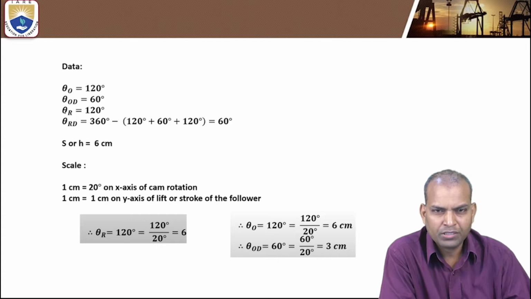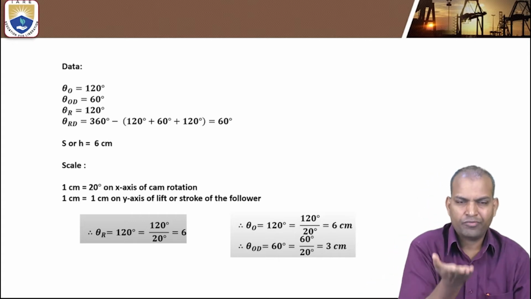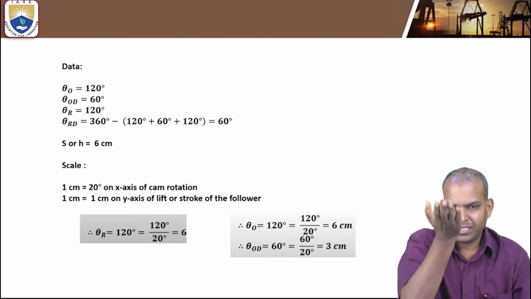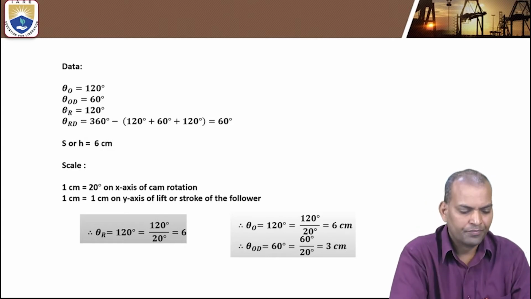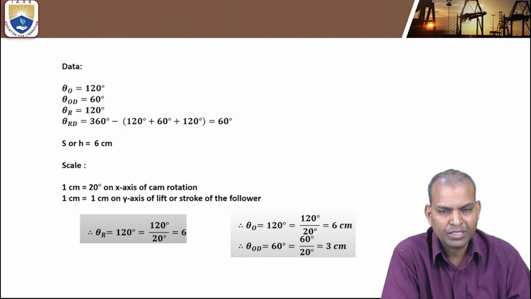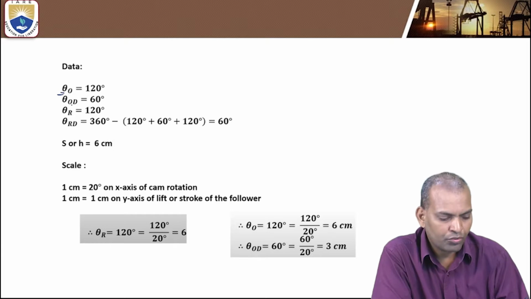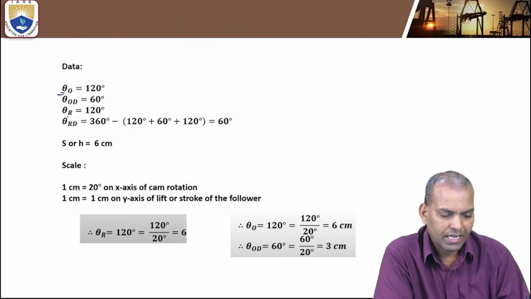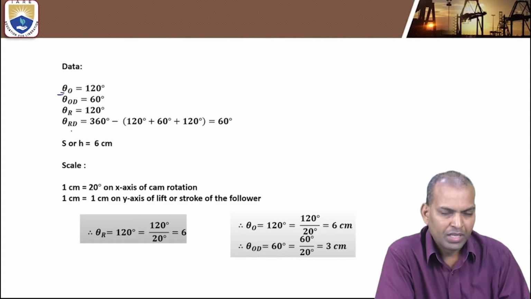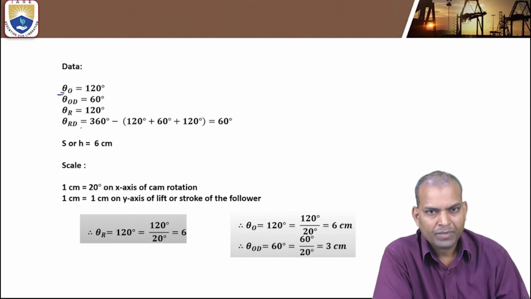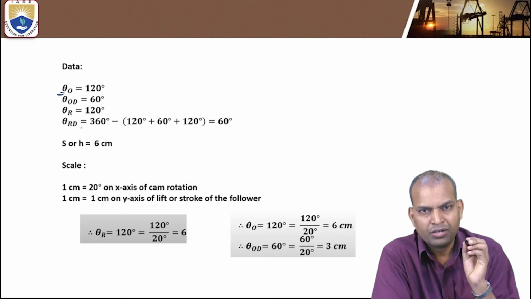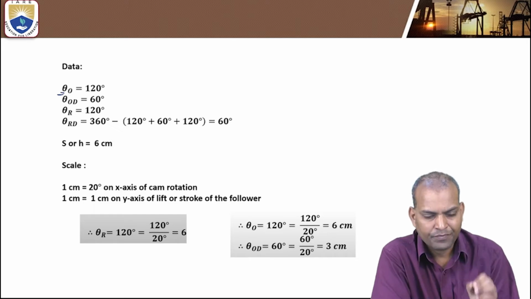It depends upon the way the problem notations were given. The principle is that angle of rise and angle of ascent are the same. Terminology may be different, but the meanings remain the same. Now theta outward stroke is 120 degrees, and the outward dwell is 60 degrees. Theta return, the angle of return, is 120 degrees, and the remaining is dwell. The total angle of rotation of the cam is 360 degrees.